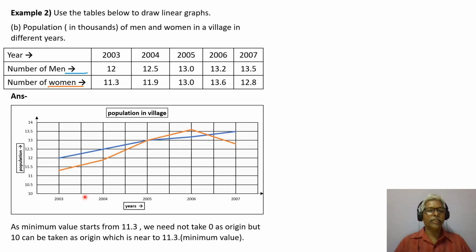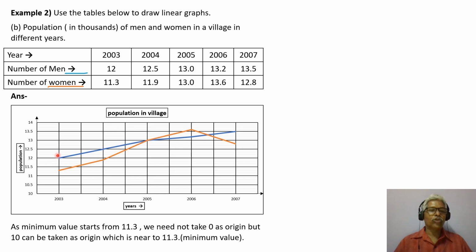Then see, this is 2004. So we are drawing only for men first. This will be 12.5, and in 2005 it is 13, 2006, remember, is 13.2, and 2007 is 13.5.